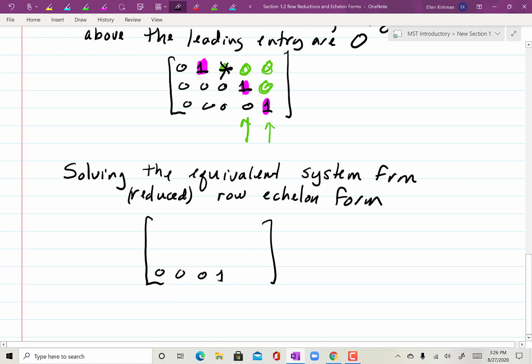Maybe we've got, let's use the echelon form, and then this can be anything, and this could be anything, and then maybe we've got something like this. Okay, so this is the row echelon form.